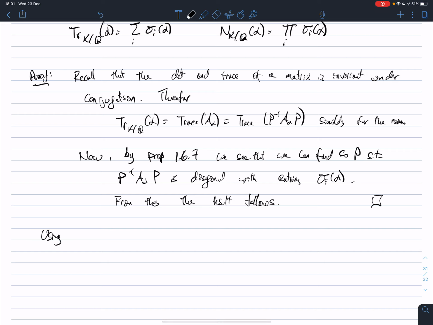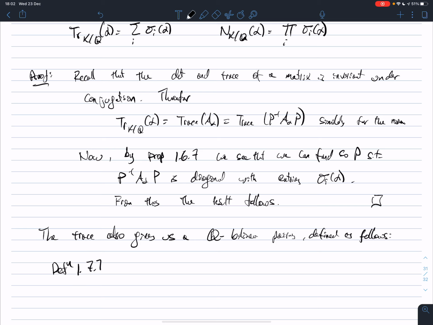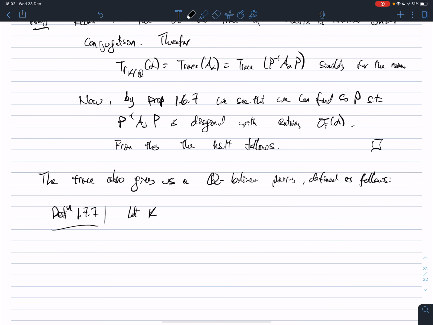The trace also gives us a Q bilinear pairing, defined as follows. So, definition 1.7.7. Let's take our number field.